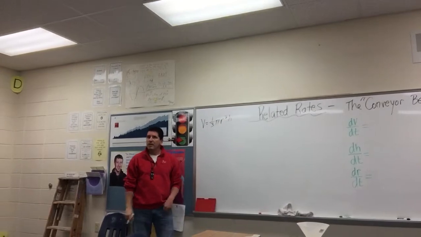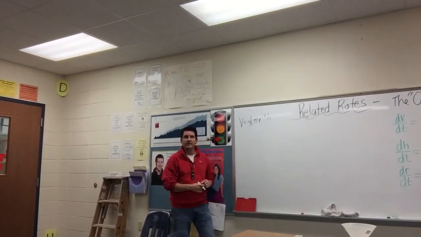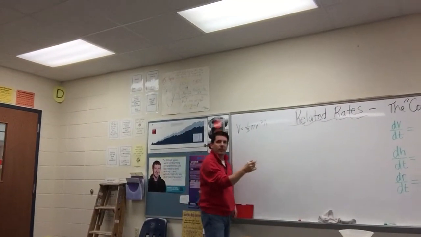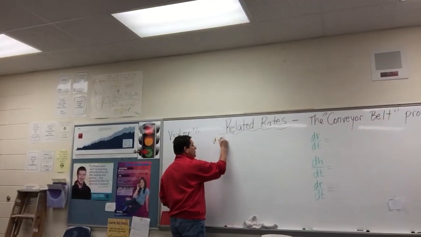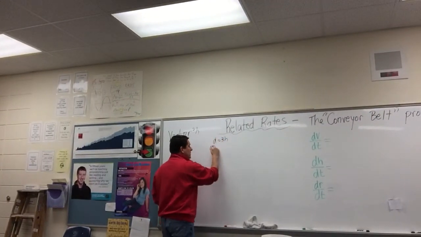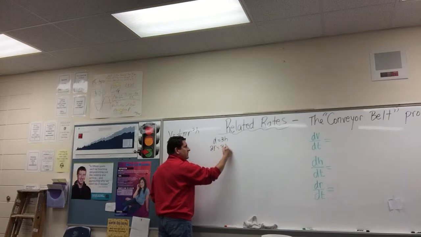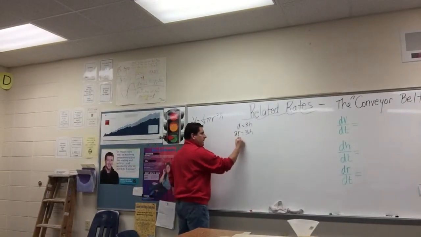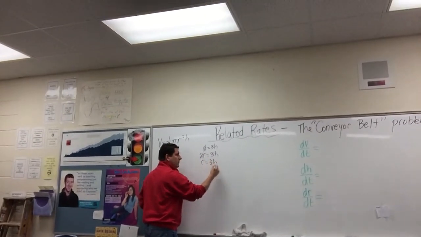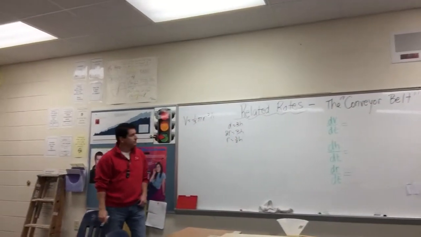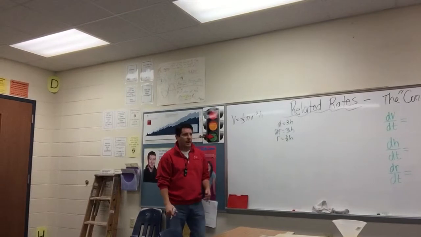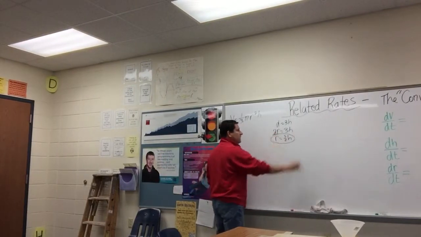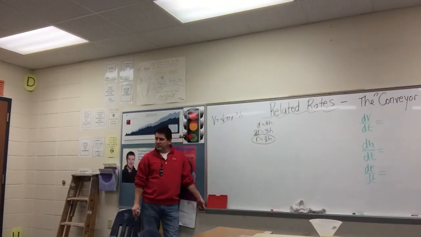But this time I'm going to recognize that d was equal to 3h. And then we converted this into radius versus diameter, and so the radius was equal to 3/2 h. If you spot this early enough, you can do that substitution right away.